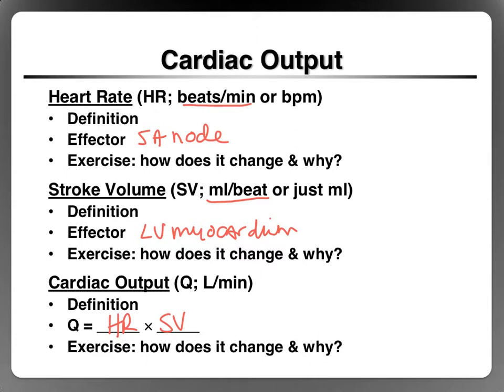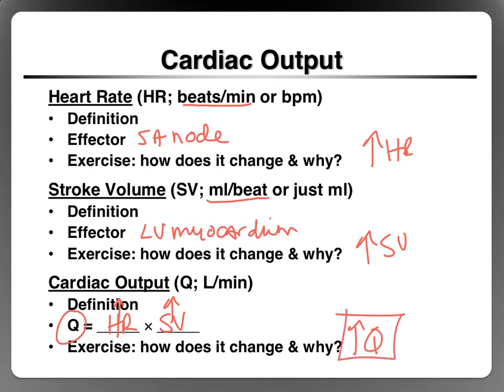So during exercise, we get an increase in heart rate, we get an increase in stroke volume, and because those two things affect cardiac output, we get an increase in cardiac output. Okay, and cardiac output is basically blood flow. And during exercise with higher demands, we need a higher supply.